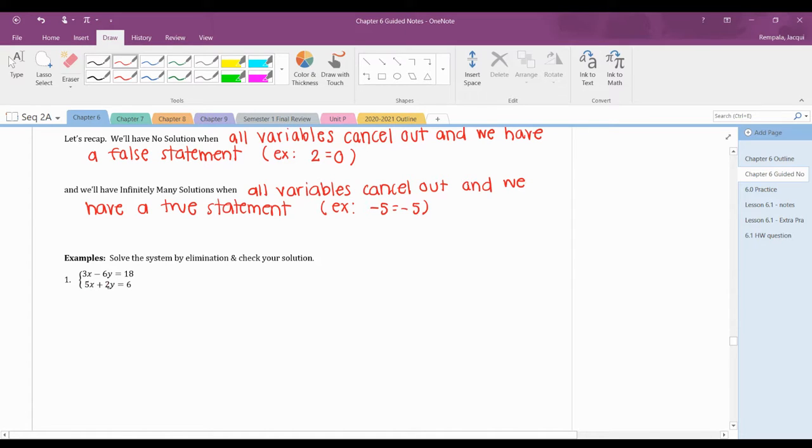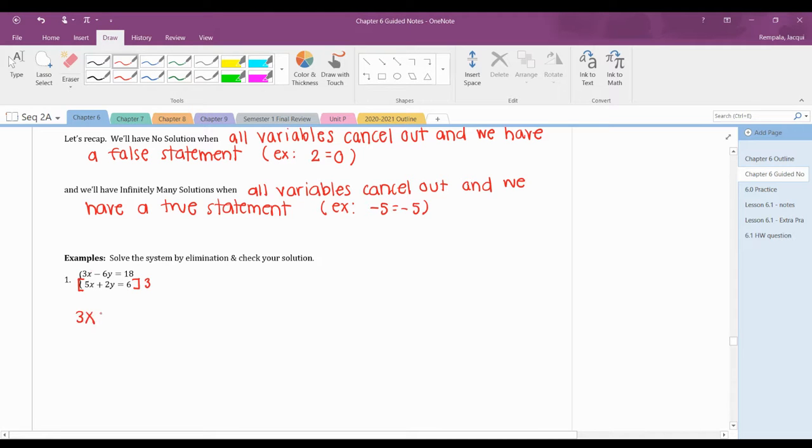So then if I look at the y's, 2 is smaller than 6. Can I multiply something by 2 in order to get 6? And my answer is yes. Because the top number is -6, that means I want the bottom number to be +6. Since that 2 is already positive, that means I want to multiply the entire bottom equation by a +3.